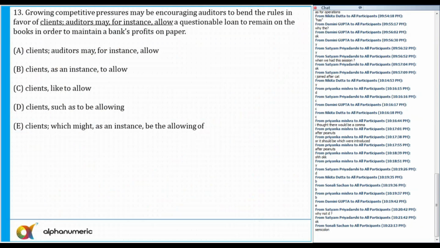Now let's see. Growing competitive pressures may be encouraging auditors to bend the rules in favor of clients; auditors may, for instance, allow a questionable loan to remain on the books in order to maintain a bank's profits on paper.